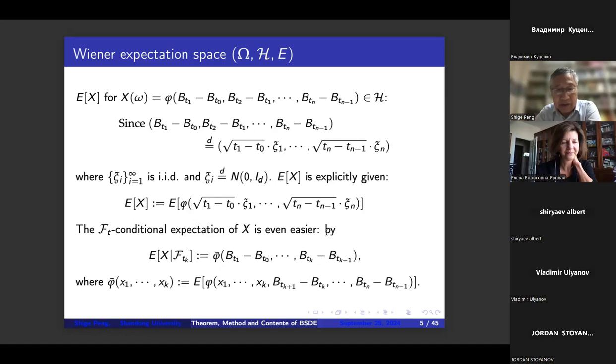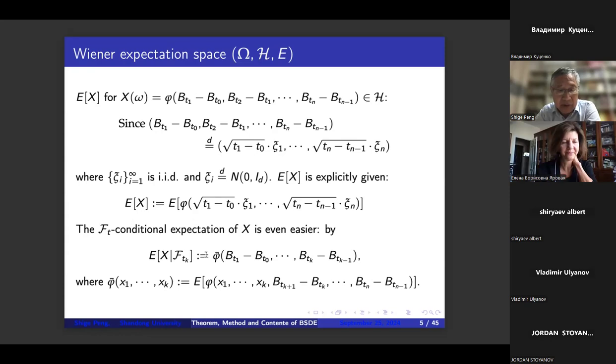Instead of calculating all of this, we firstly fix or freeze x1 to xk, calculate the expectation of this random variable, and get a function. Then we calculate again.